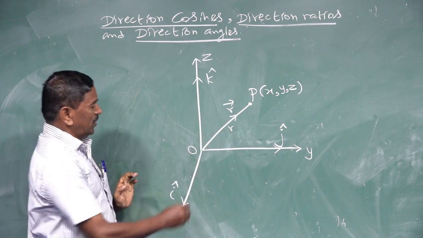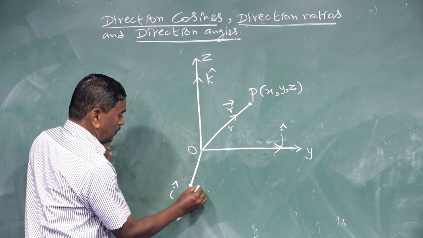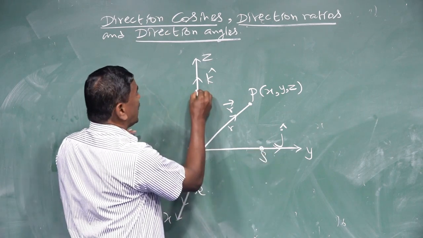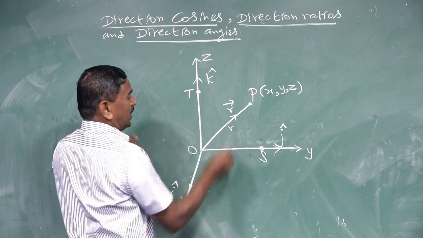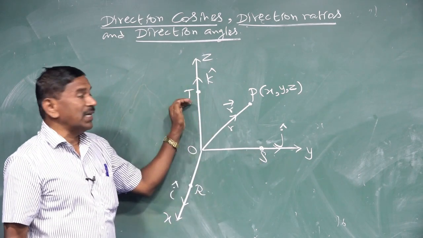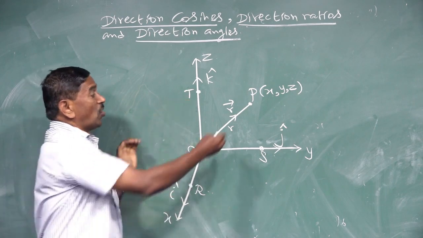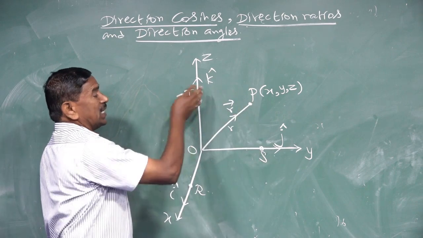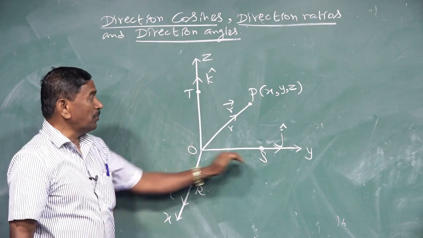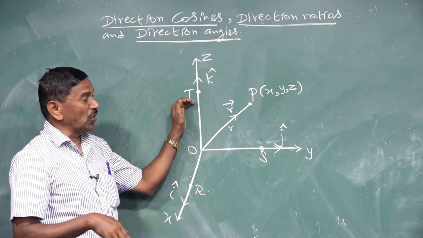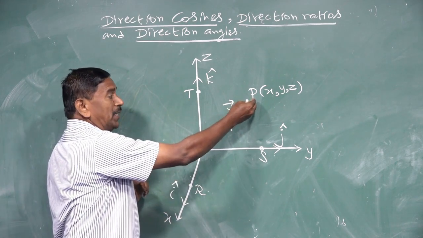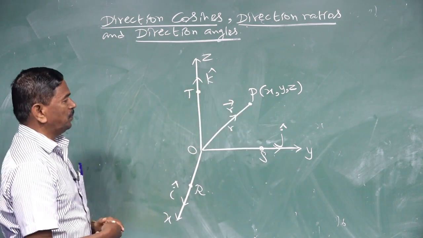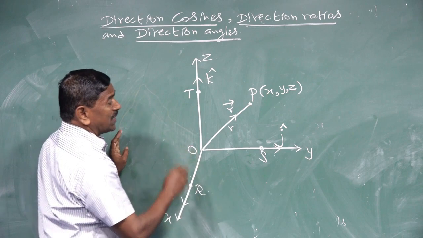Let capital R, capital S, and capital T be the feet of the perpendiculars drawn from the point P to the x-axis, y-axis, and z-axis respectively.